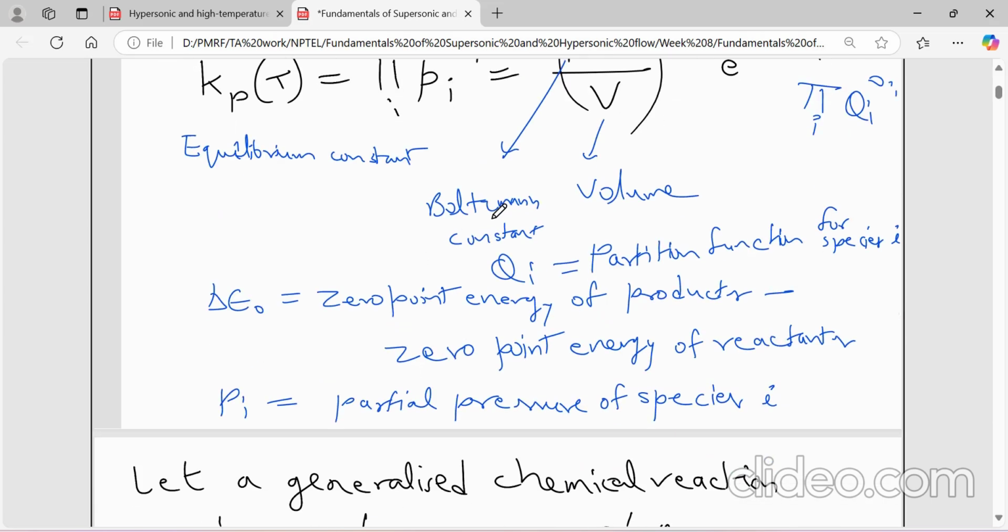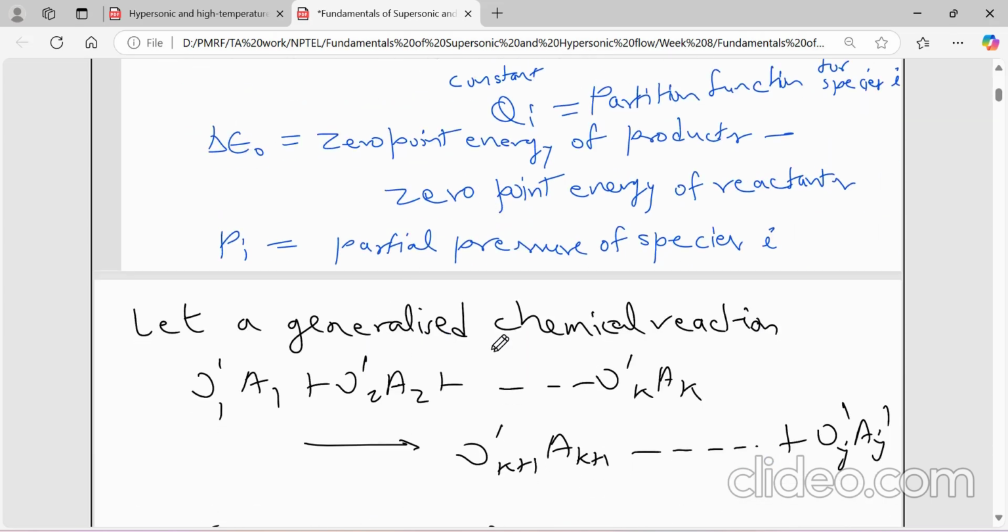So for this derivation, first let's see what is a generalized chemical reaction.